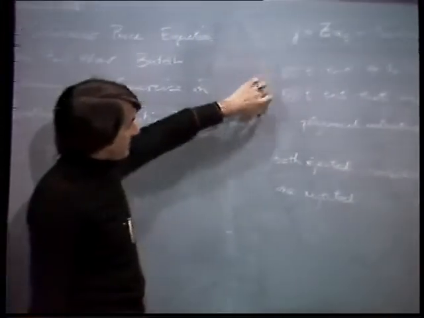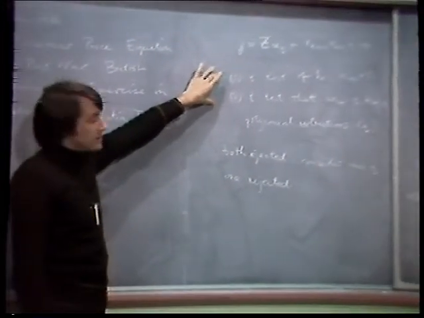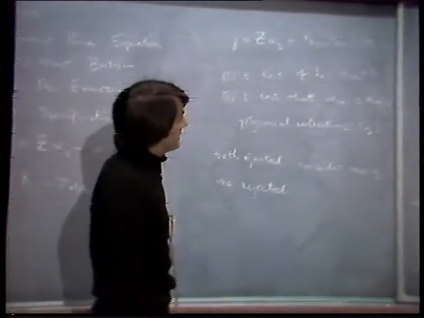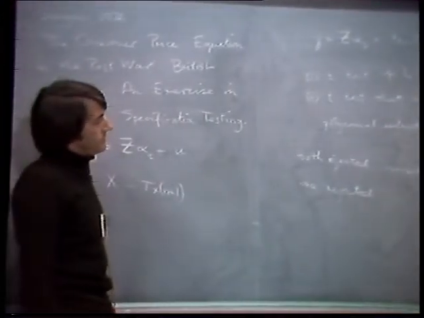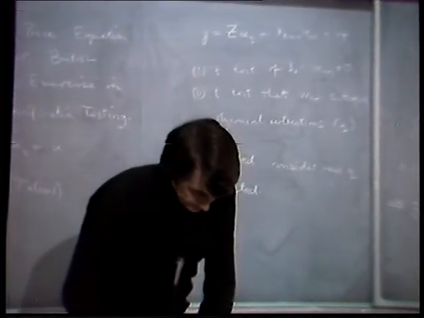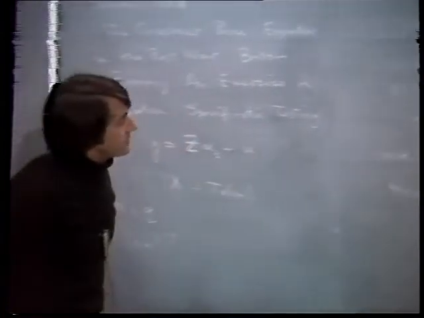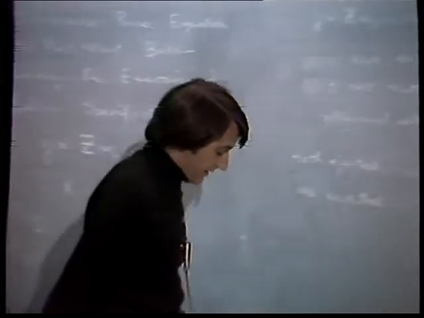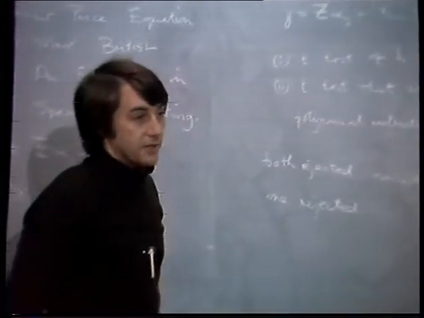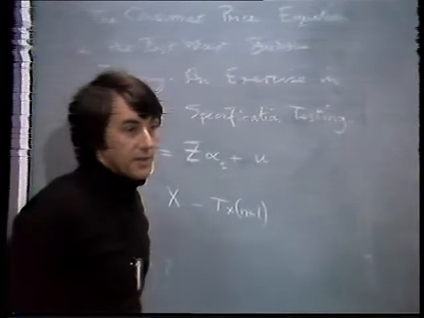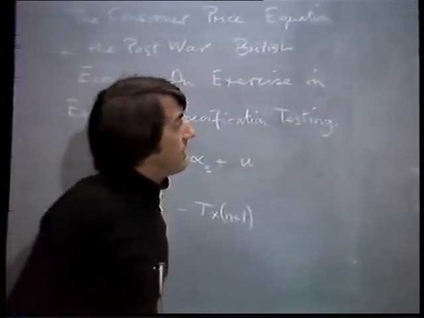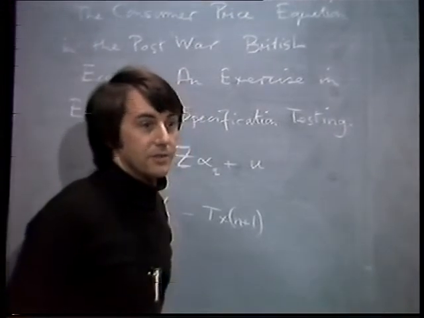If both these hypotheses are not rejected, then it's slightly more complicated. And if we do want to choose between those two hypotheses, the Sargan suggestion is that we choose the hypothesis that corresponds to the smaller t ratio. In other words, both were accepted. We'll choose the hypothesis that corresponds to the test which, if you like, has the higher degree of acceptance.